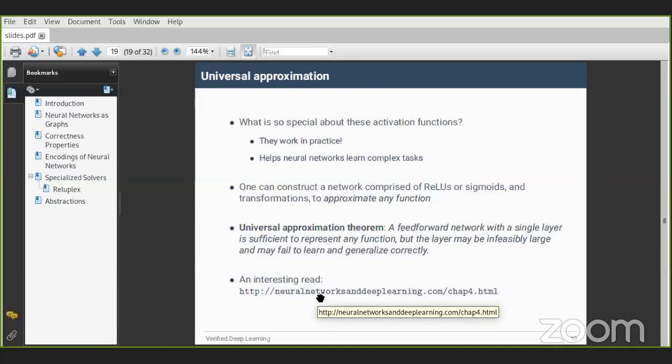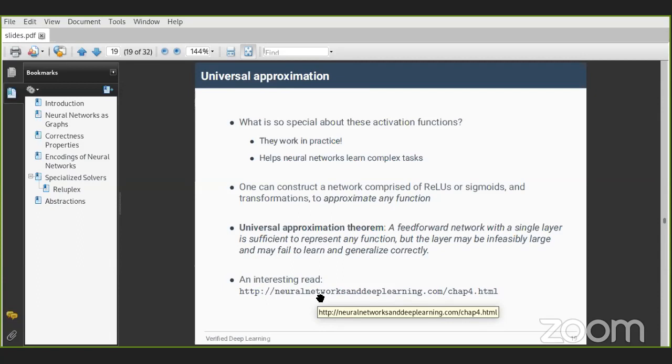In fact, it is even more surprising than that. It says that you can do it just with a single layer. So you have your input layer, you have your output layer, and you have one single layer between them. So this theorem says that a feed forward network with a single layer is sufficient to represent any function.